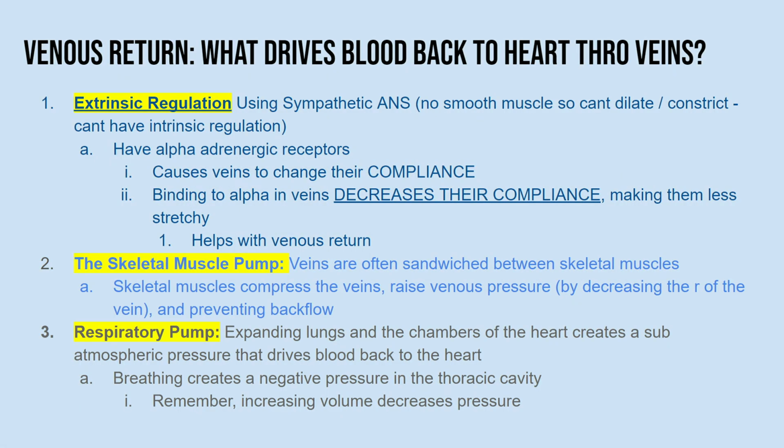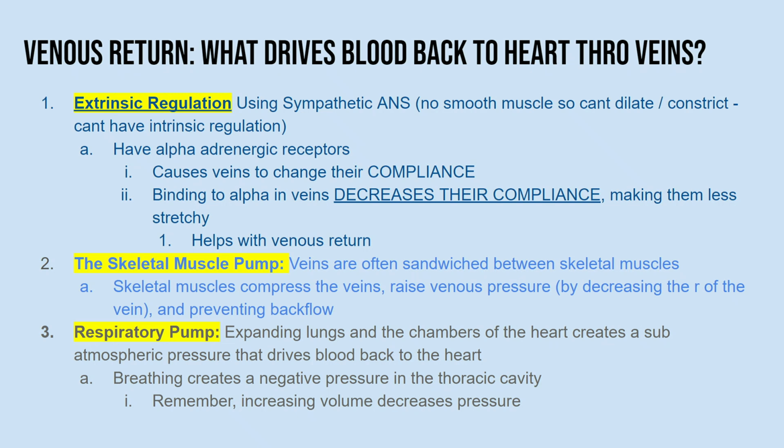So we just talked about arterial regulation. Now this is how blood is driven back to the heart from the veins. Veins are only extrinsically regulated. They use the sympathetic autonomic nervous system, and they have alpha adrenergic receptors, which, when bound to, decrease their compliance.